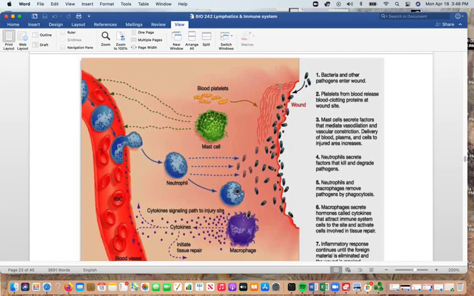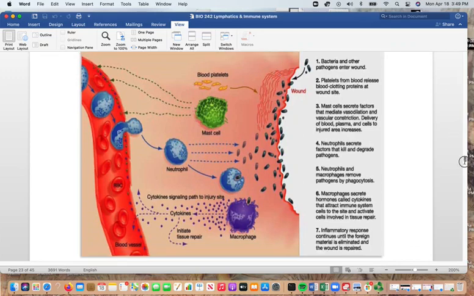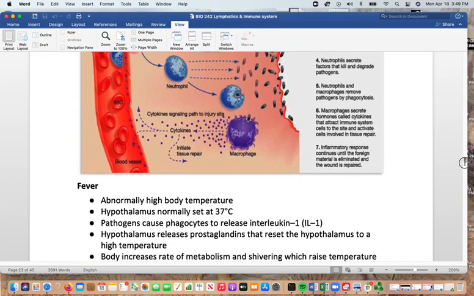The neutrophils will start to kill and degrade the pathogens, and then they'll start to do phagocytosis. The macrophages will secrete the cytokines, and that's going to attract the immune system cells to the actual site and activate the cells in tissue repair. Then you would finally have the inflammatory response.